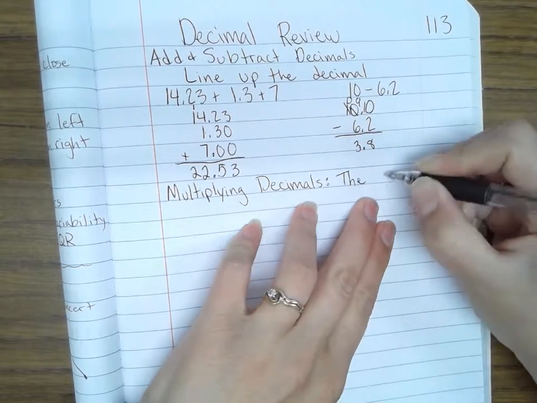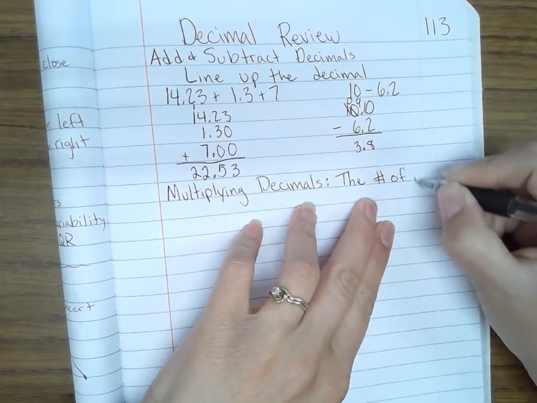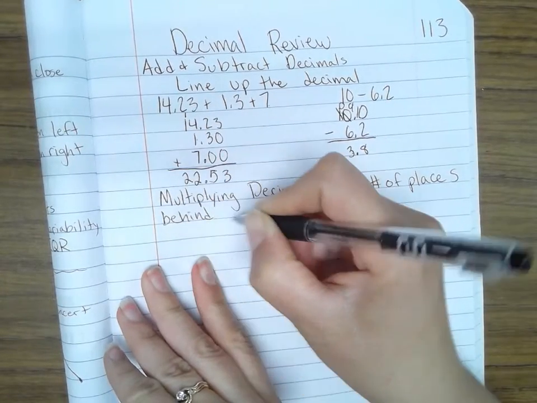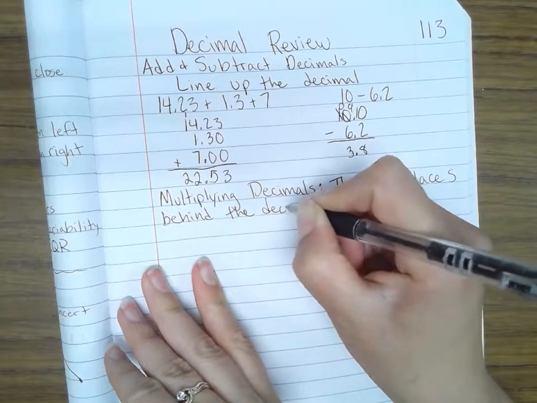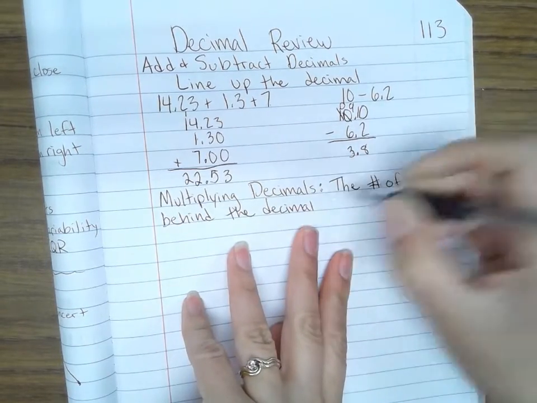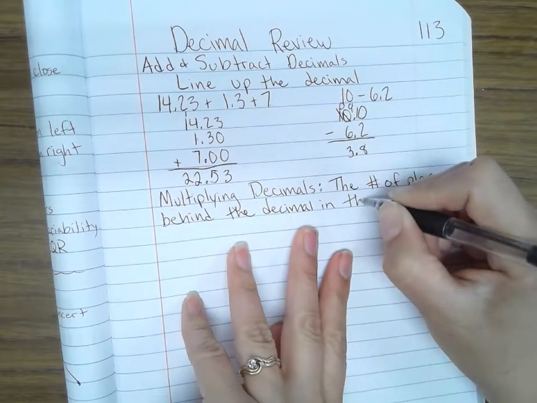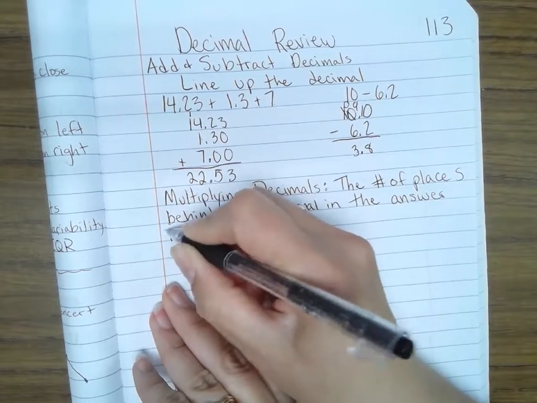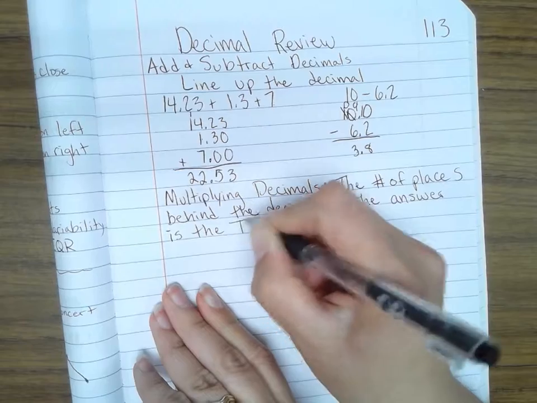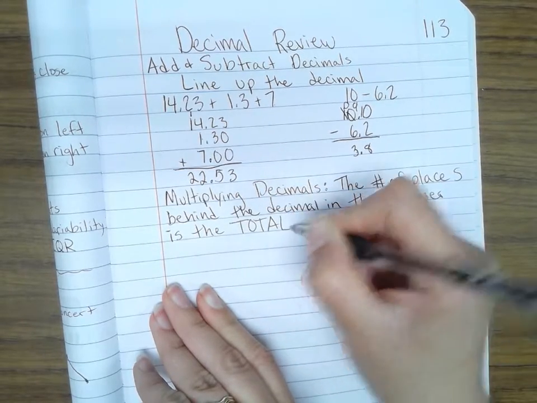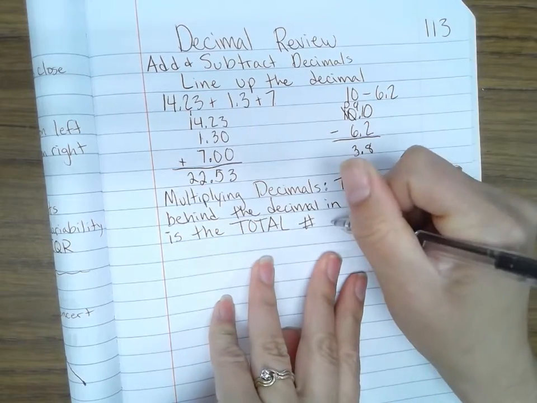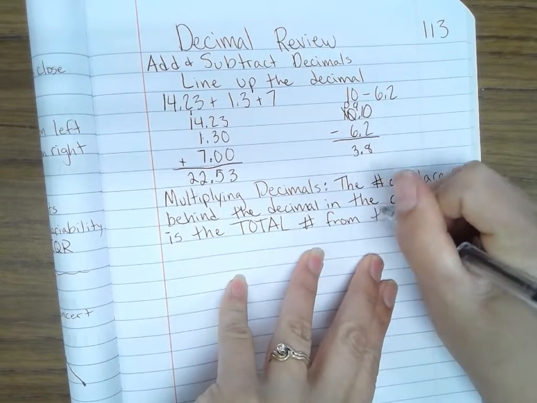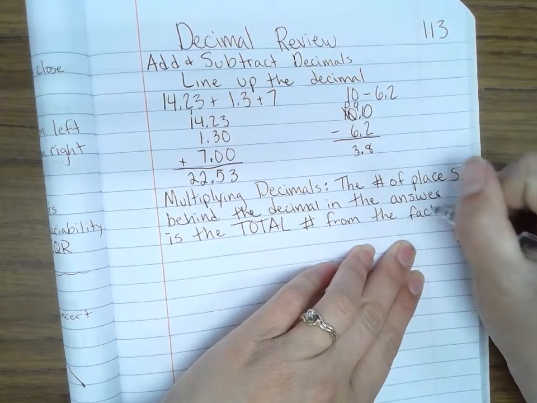The number of places behind the decimal in the answer is the total number from the problem, or from the factors. Let's do from the factors.